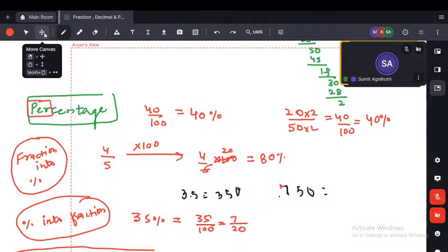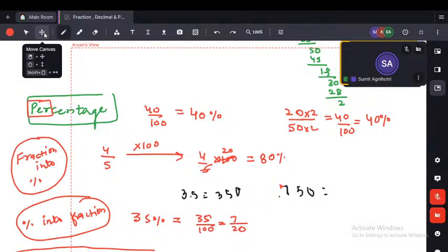Then we can have 2/5, 3/5 and 4/5. 40%, 60% and 80%.